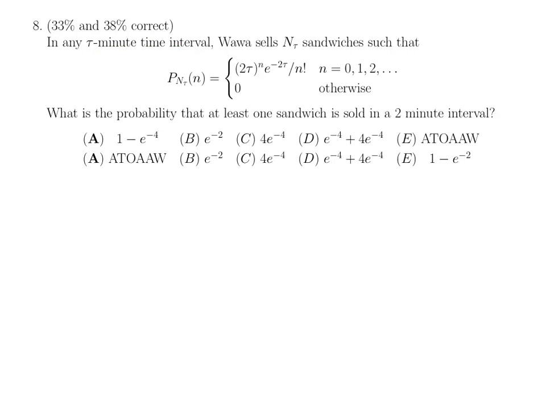Okay, so we'll start. We had these Poisson questions about Wawa, and this one was supposed to be kind of a gift because it's really a discrete random variable PMF question. The number of sandwiches in an interval is a Poisson random variable. In this version, people did medium crummy, 33% got the answers right.